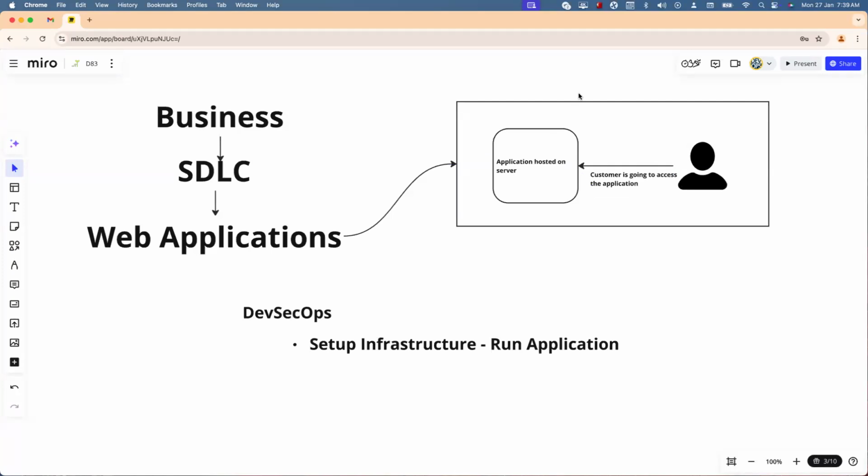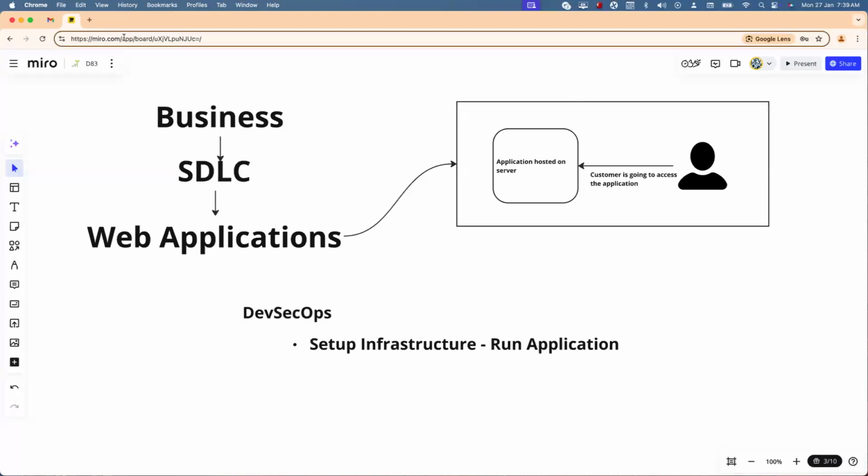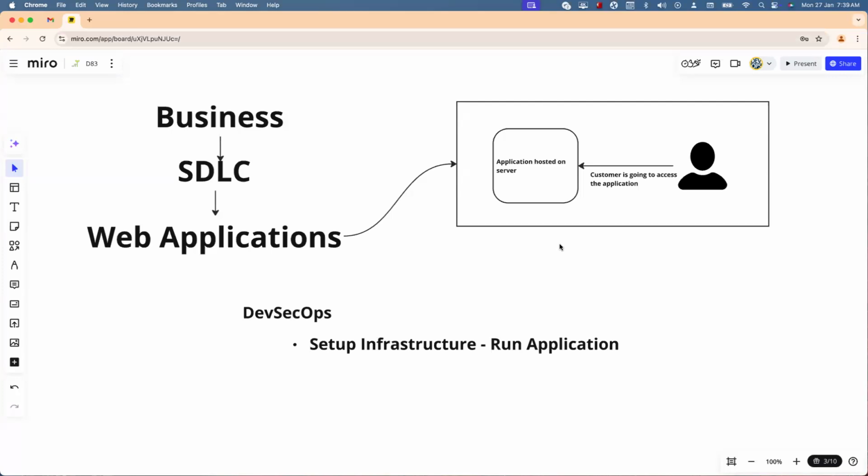If you look at our role, the customer is accessing our application. Let's say I'm using Miro.com. I'm a customer. This Miro.com is hosted somewhere on some server, and I'm accessing it over the browser. Now, to set up these web applications, our role exists, as we talked about.